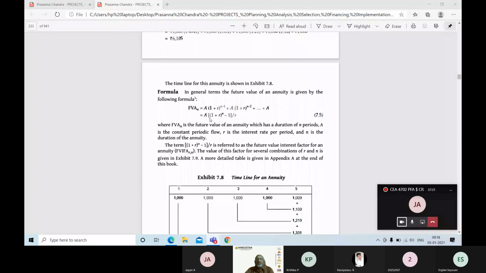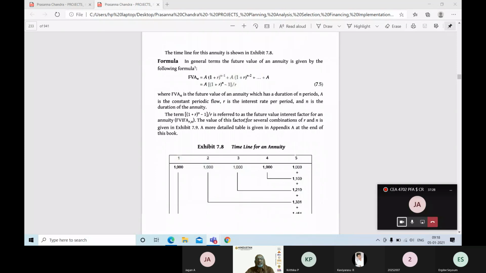Then you calculate A into ((1 plus R) to the power n minus 1) divided by R. So the formula comes like this, and it is derived from this.